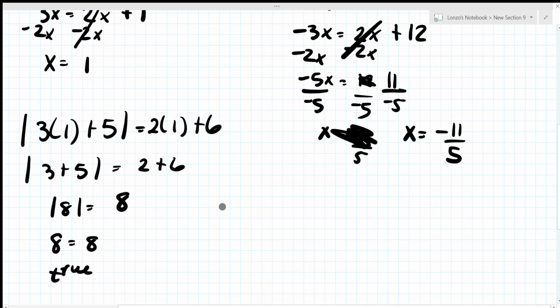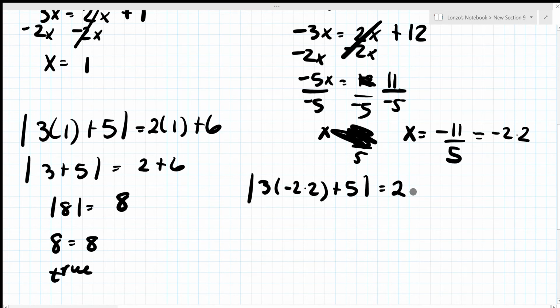Now let's try our other one, negative 11/5. Negative 11/5 is the same thing as negative 2.2. So let's put it into that original first equation. So it's 3 times negative 2.2 plus 5 equals 2 times negative 2.2 plus 6.